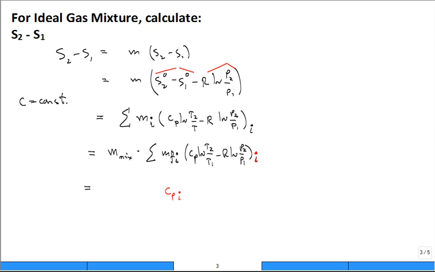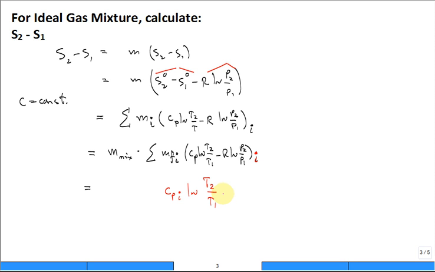But does it make sense to have T2i and T1i? Do we have partial temperatures? No, we don't have partial temperatures. So it's just one temperature, the temperature in equilibrium for all the components in that ideal gas mixture.